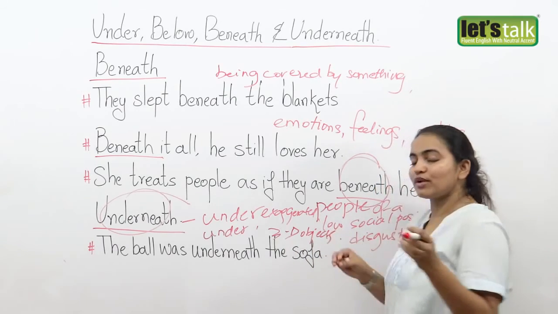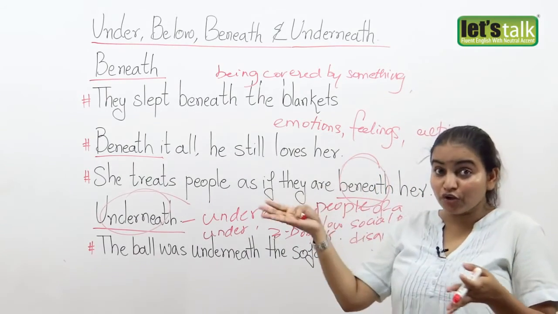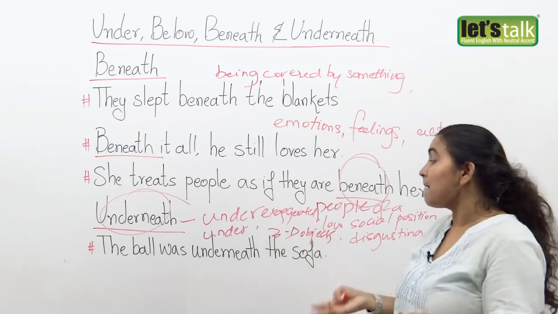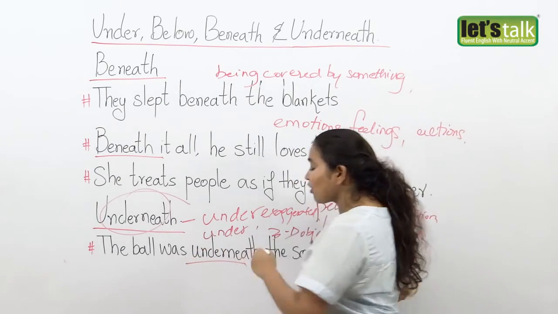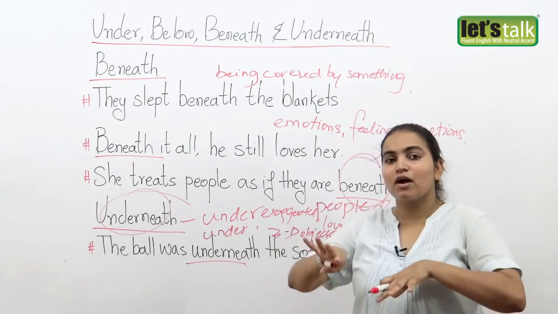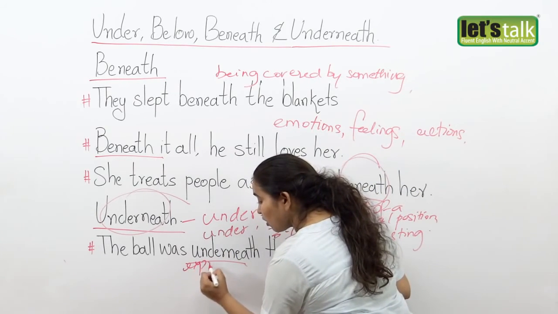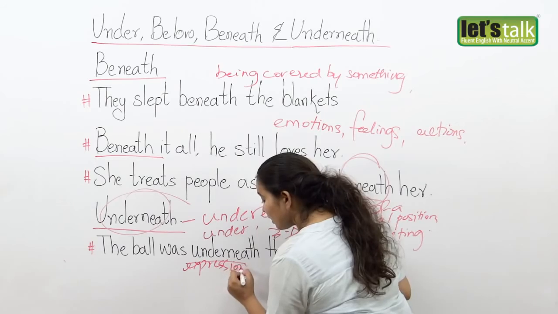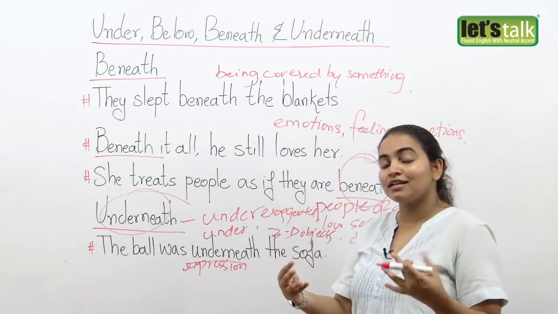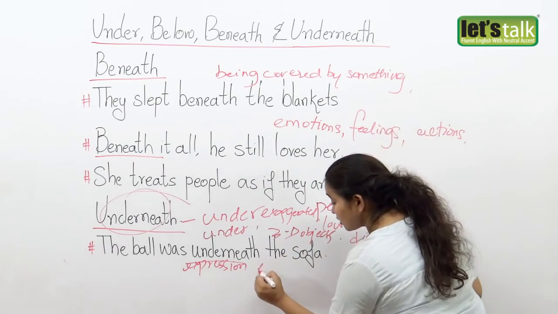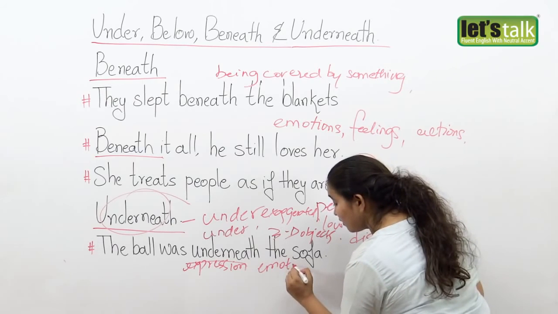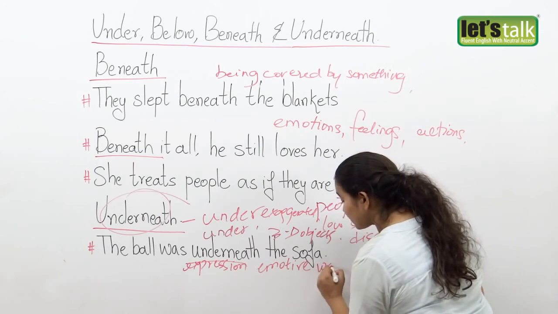So when I talk about 3-dimensional objects, you know that I can use the word under, but underneath is more exaggerated because I want to give more expression, or just emote, or talk about it in a more casual way. So an emotive way of saying something.